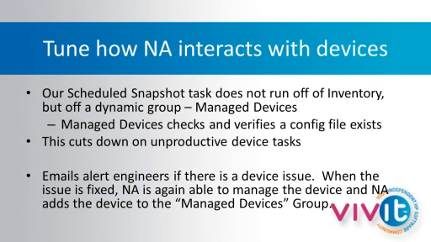Once they fix the issue, network automation is going to pick up on that syslog message that comes in. It's going to run that snapshot task. It'll work, and then the config will be captured. And then that capturing of the config is going to trigger that dynamic group to recalculate. And therefore, this device will be added into the managed devices list. So routine tasks will then run, and it really cuts down on unproductive device tasks.